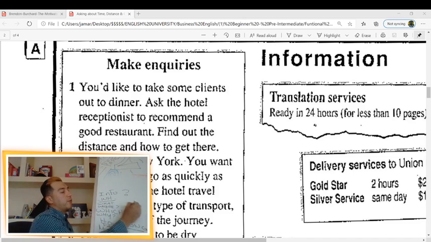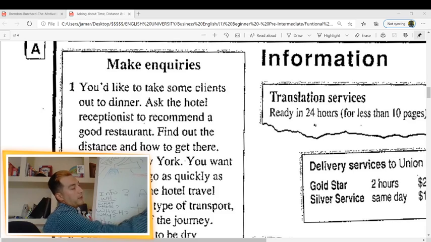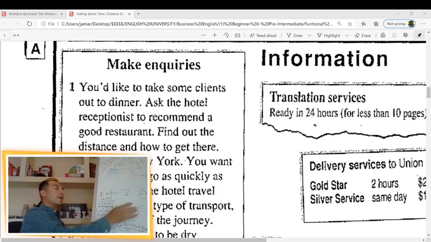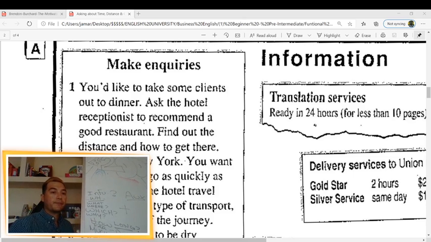Next part of the formula. We need an auxiliary. Do you know what is the auxiliary for questions in present? How do you ask a question in English?